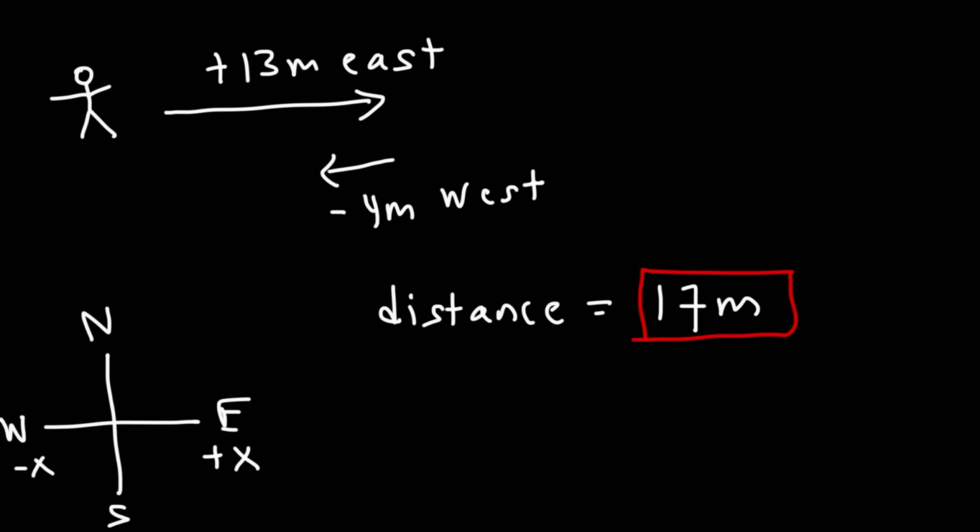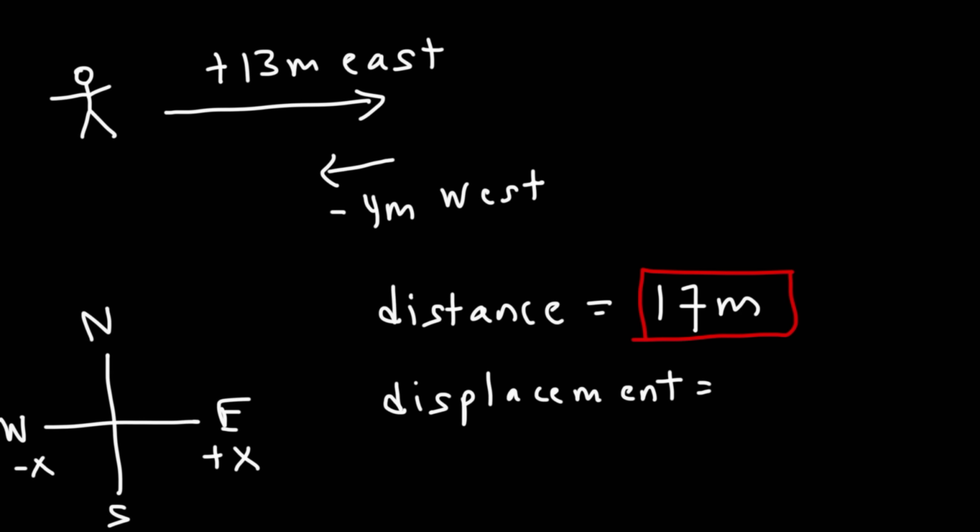But on the Kelvin scale, there's no negative values. So there are some scalar quantities that do have negative values, like temperature. So just be aware of that. Now going back to this problem, now that we know the total distance traveled, what is the displacement of this particular individual?